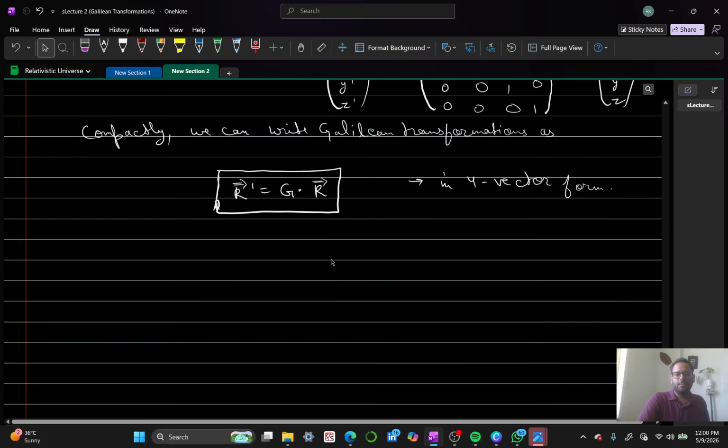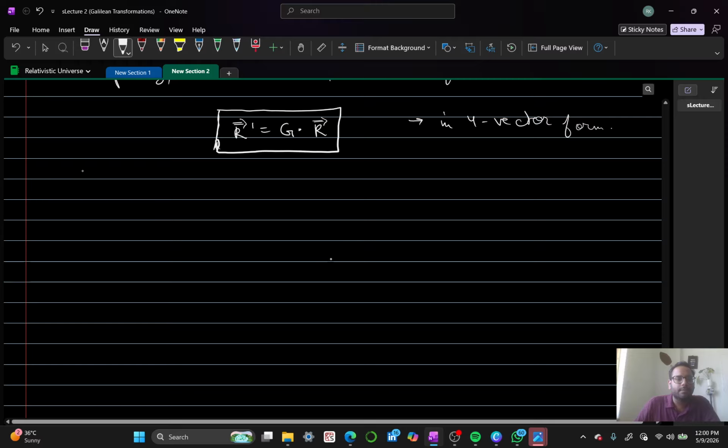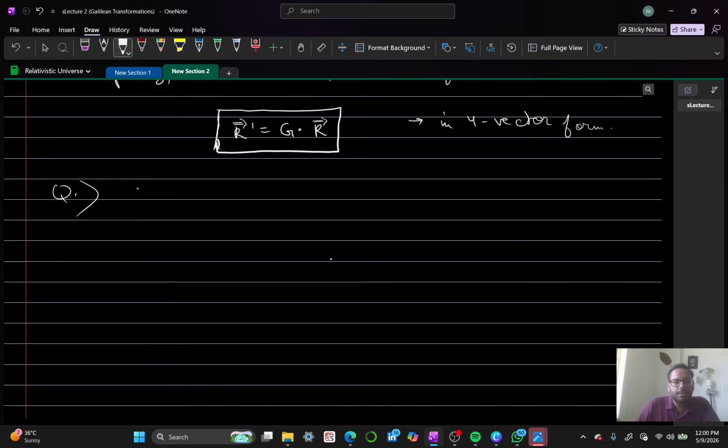Now you have to do one thing. There is another question. It's a simple thing I am giving you, don't worry. So this is equal to this. You can get it from the above equation when I consider that G is an invertible matrix.